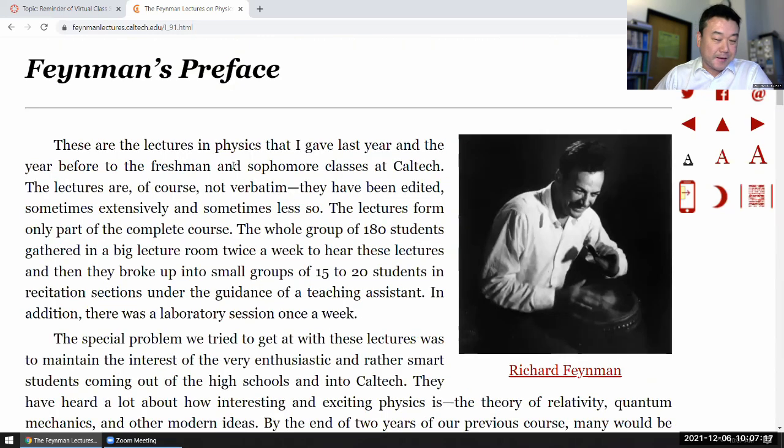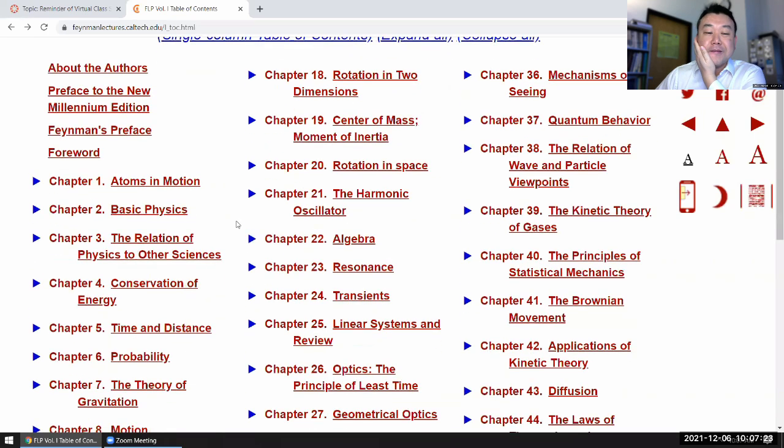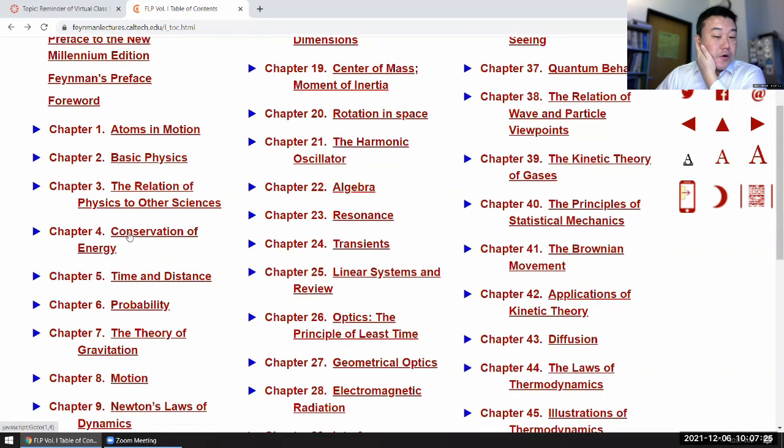And I think I've said this a couple times that you can't really use this as a textbook for a class because the order is so unusual. He's talking about conservation of energy long before even introducing kinematics. And so with that caveat, it is a classic. If you ever major in physics, it's something that many of your physics professors would have read or at least heard about.